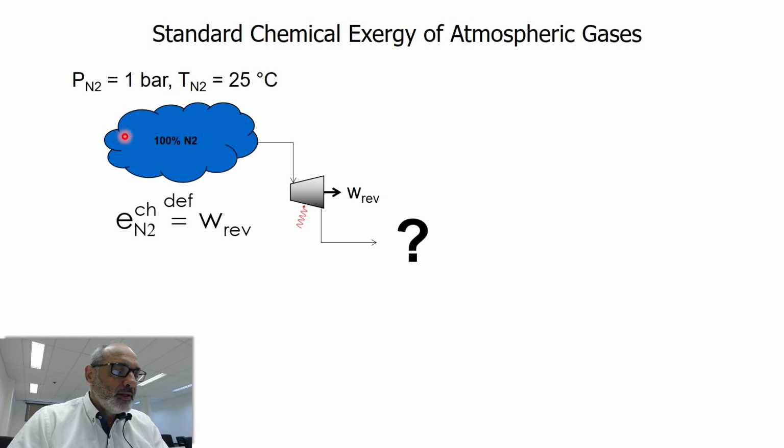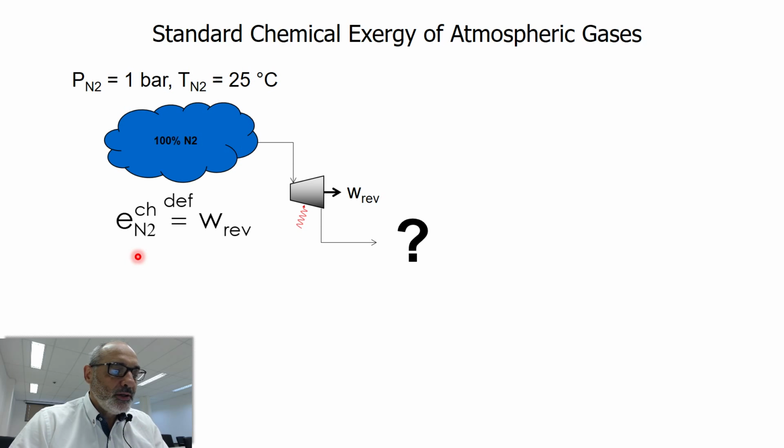So let's say I have a certain volume here, 100% nitrogen. This is the concentration of nitrogen in this control volume here, and we want to calculate its exergy content.